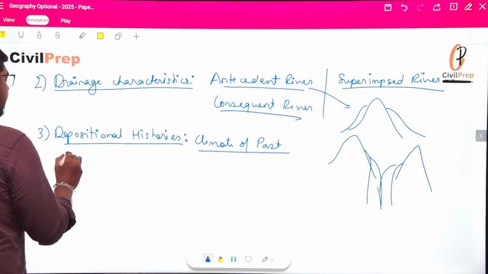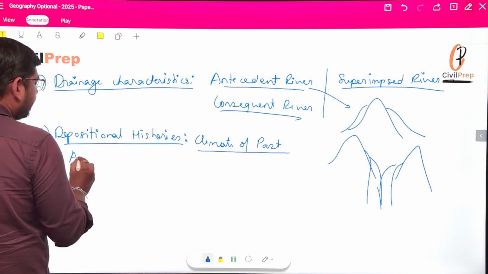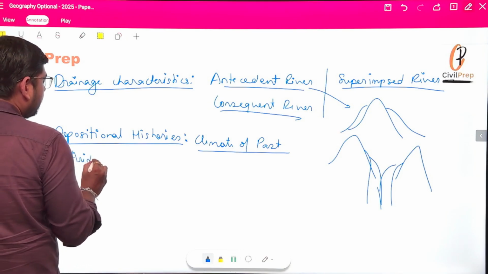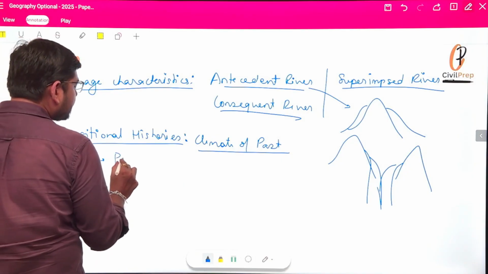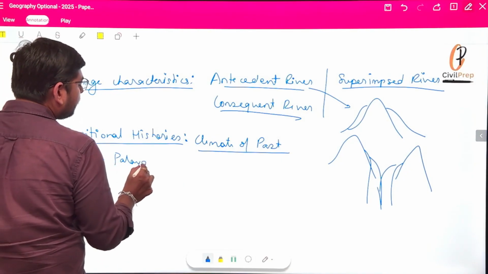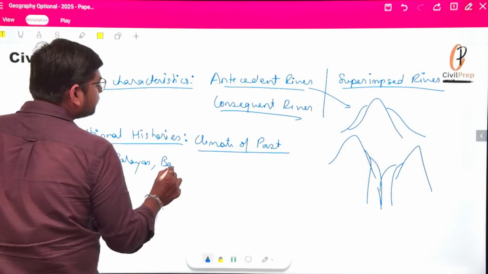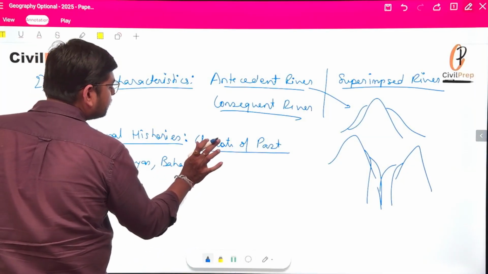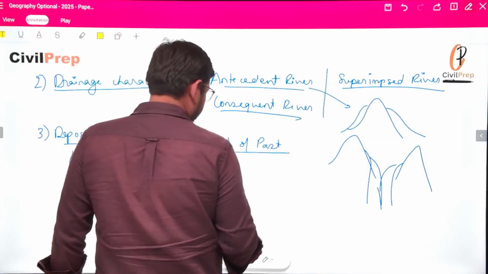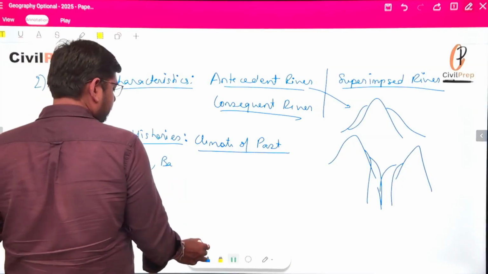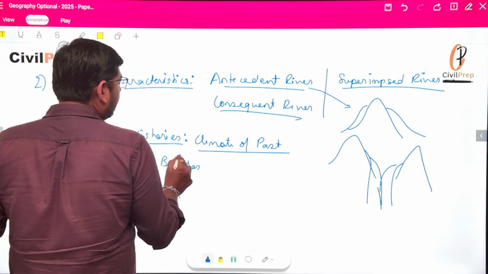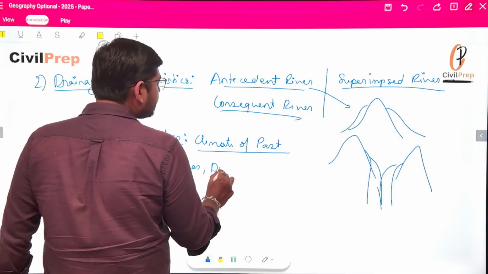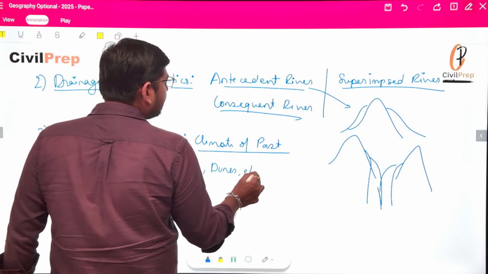Here we'll be seeing that if the climate was arid, there will be formation of playas, bajadas, and there may be development of dunes, etc.